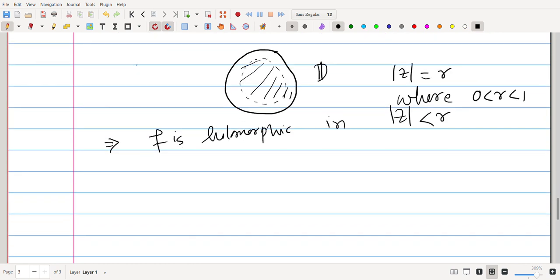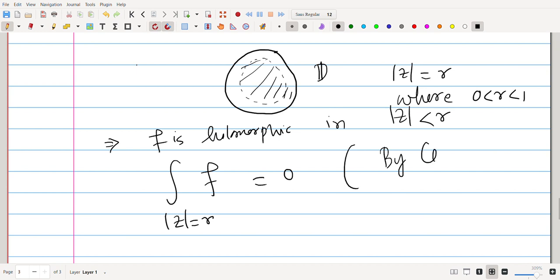That means the integral of f on the boundary mod z equal to r is basically 0, because f is holomorphic inside this domain and the domain is connected. So this integral is 0 by the Cauchy-Goursat theorem.